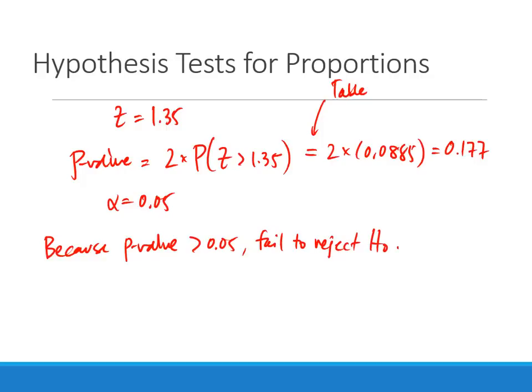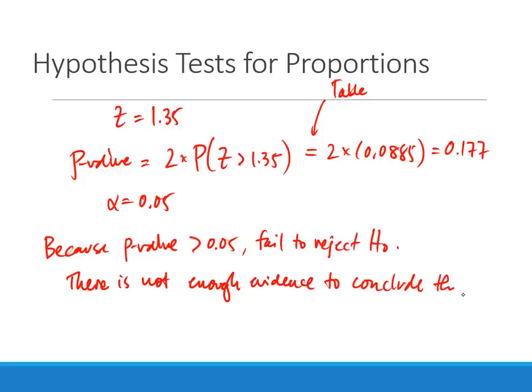Okay, so what does that mean? Well, what that means is that there is not enough evidence to conclude that the defect incidence rate is different for male prisoners.